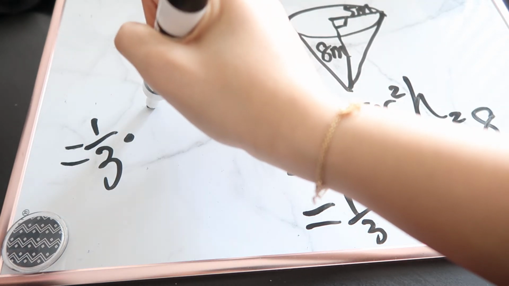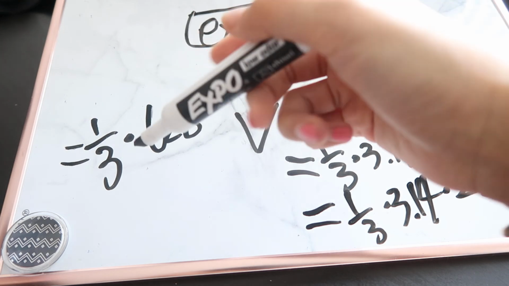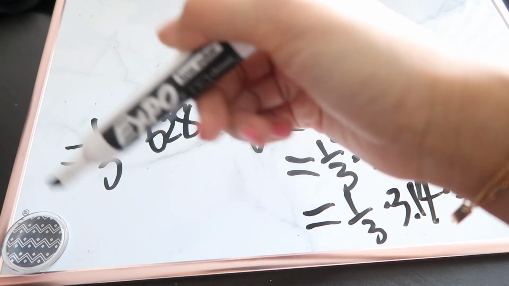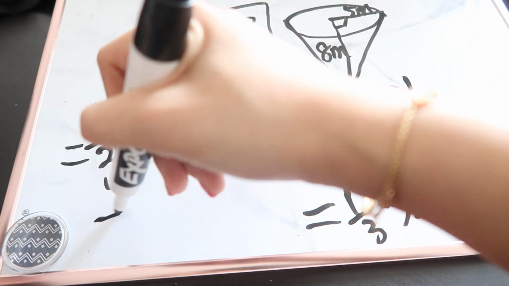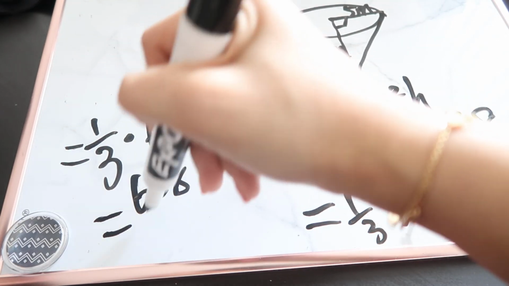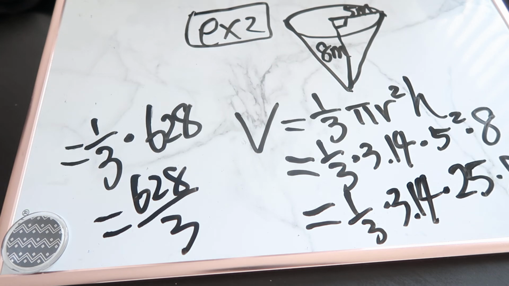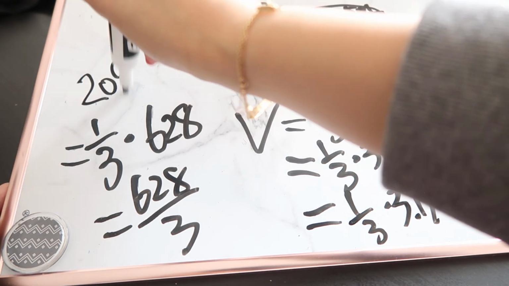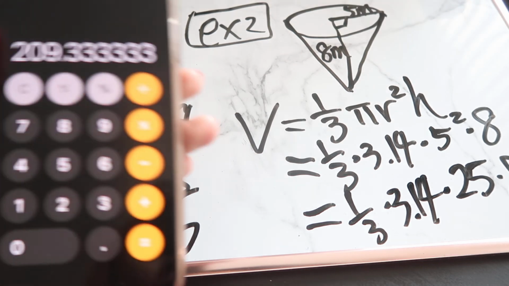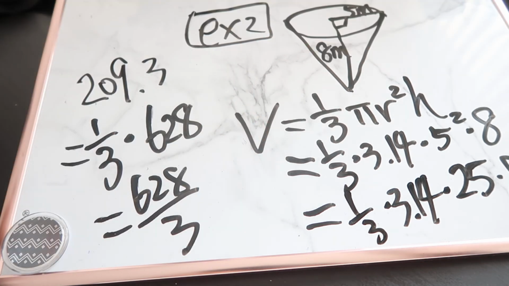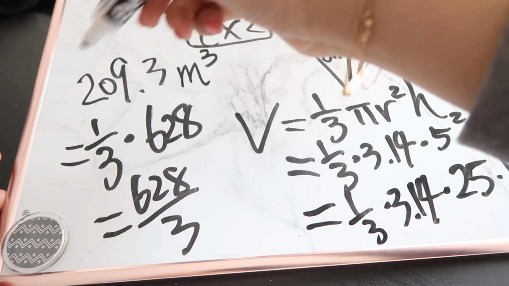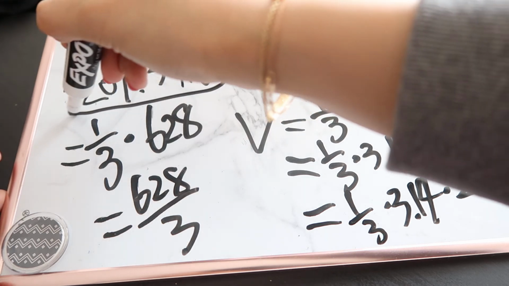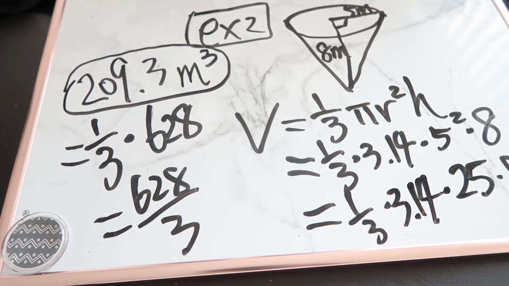Alright, so that's how you get 628. And then whenever you see 1/3, instead of multiplying with 1/3, you can just do 628 divided by 3. So the final answer would be 209.3. I'll be having decimals like that, but you can just round it. And the unit for this, because it's volume, will be meters cubed. So that would be the answer.